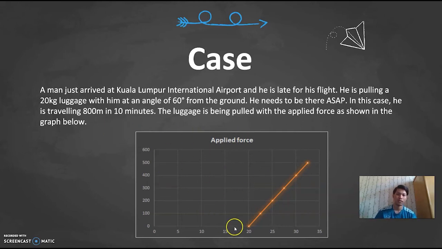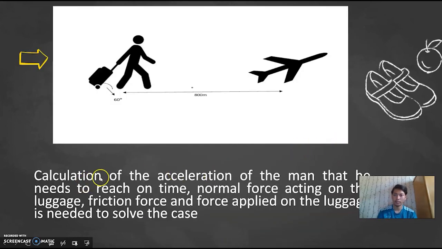So this is the force that is applied with time. This is the time-dependent force, and the calculation that we need in our case is the acceleration that the man needs to reach on time.